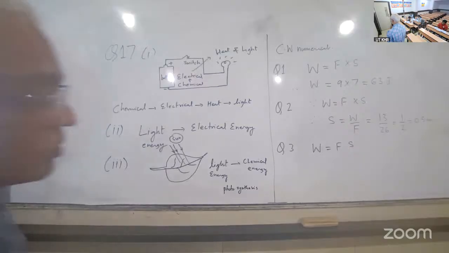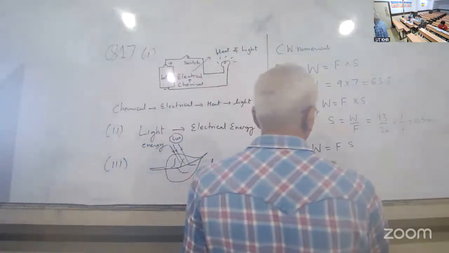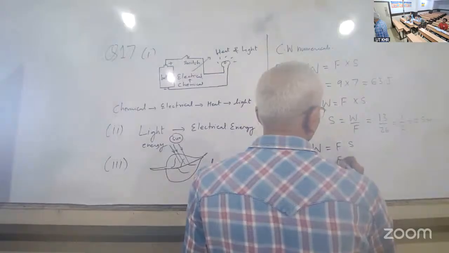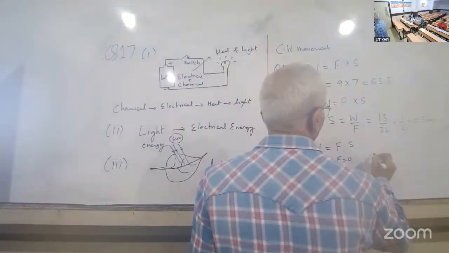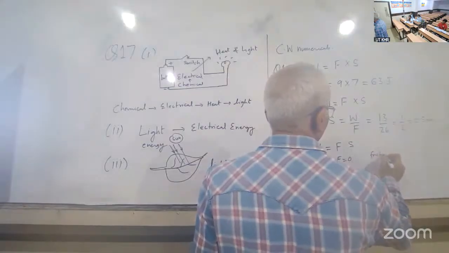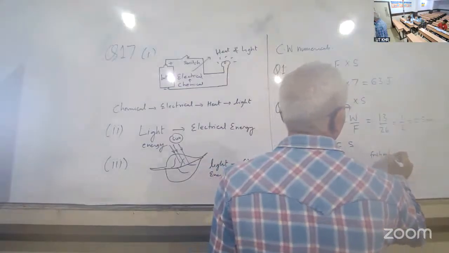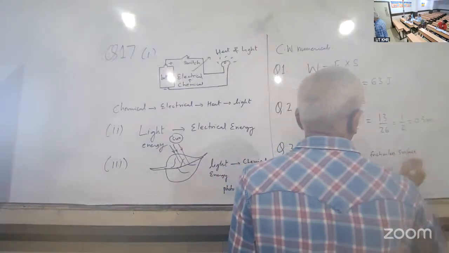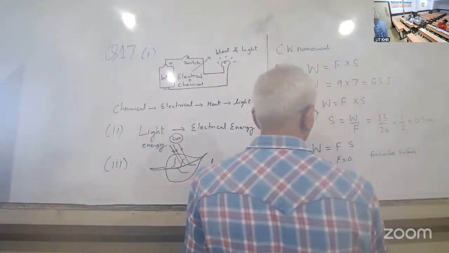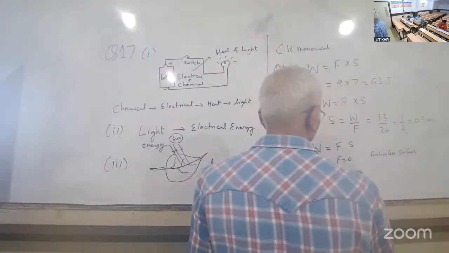F is given 0. Frictionless. So therefore, W equal to 0.